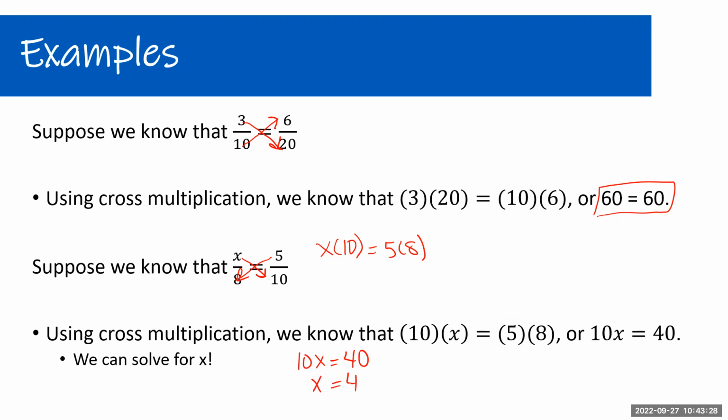Now you can always check yourself. That's the great thing about proportions. 4 over 8, if you plug it into a calculator, is 0.5, and 5 out of 10 is 0.5. So they are, in fact, equal.